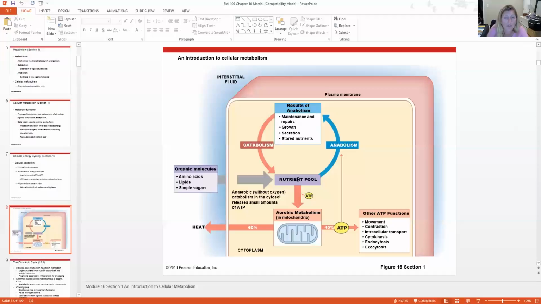The nutrient pool can then be used to create lots of ATP through aerobic metabolism. As that aerobic metabolism takes place, 60% of the energy from those nutrients is lost as heat. 40% of it goes into ATP. And ATP is what cells use for everything from contraction to movement to making new proteins to active transport and all of those things.